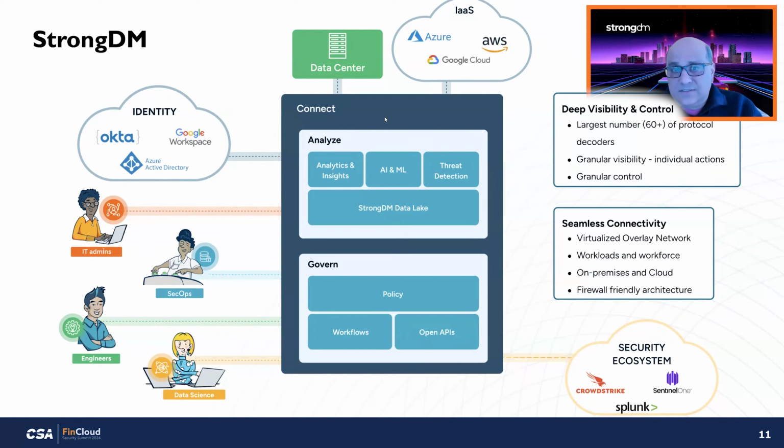This allows us to provide both secure connectivity as well as deep visibility and control of privileged user access to privileged systems, and more importantly, perform that continuous assessment of risk and continuous assessment of whether this action is something that the user is allowed to do at this moment in time. We don't live in a static world, and that dynamic assessment is really critical to having a strong security posture.